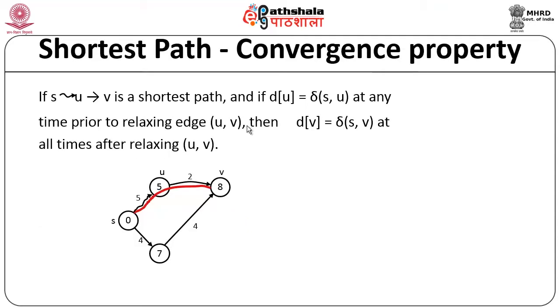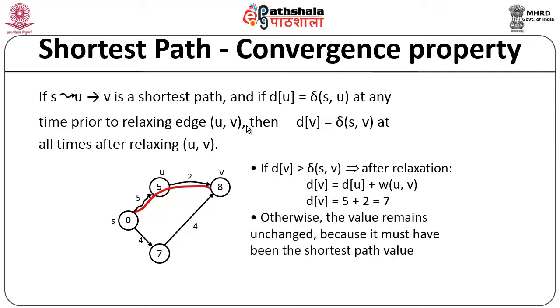Next, you have the convergence property. If s, u, v is the shortest path and if du is equal to delta(s,u) at any time prior to relaxing the edge uv, then dV is equal to delta(s,v) at all times after relaxing uv. This is called the convergence property, as you can see from the diagram. If dV is greater than delta(s,v), after relaxation dV will be du plus w(u,v).